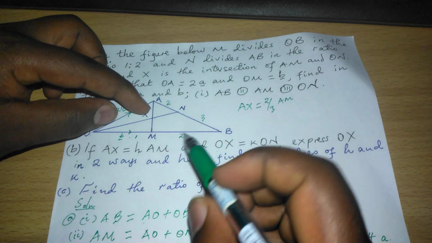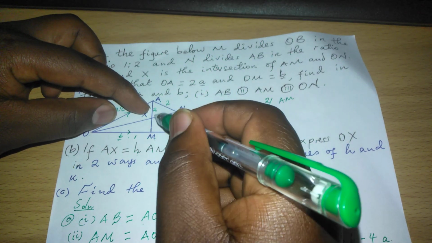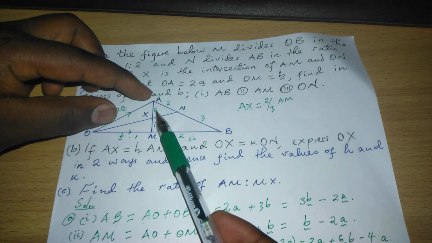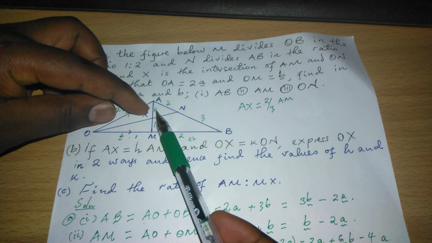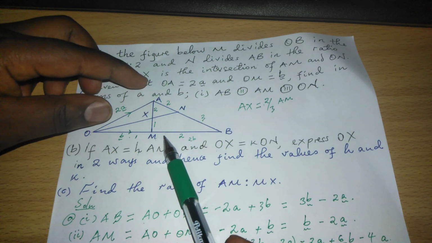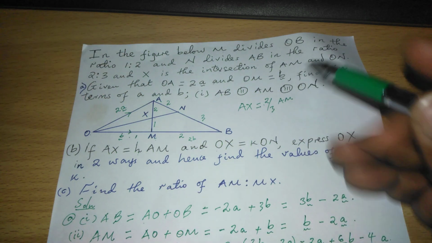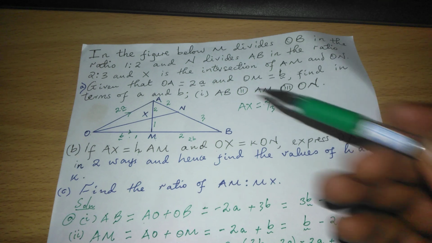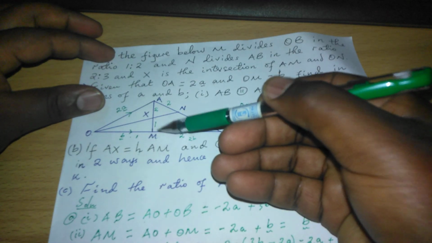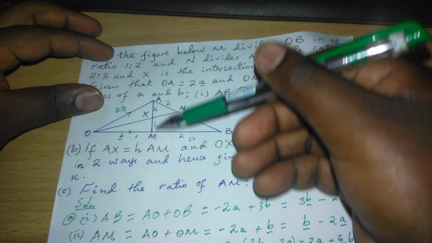So if this is 2 out of 3, it means we have 2 portions and 1 portion here. So that we may say AX equals 2 out of AM, which is 3 portions. Therefore, now we want to find the ratio AM is to MX.